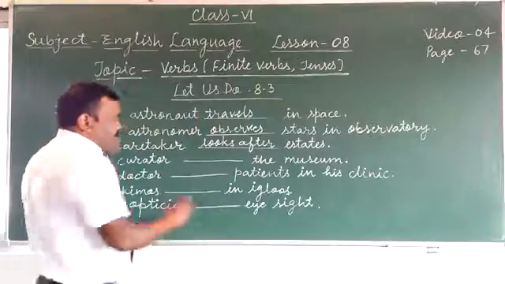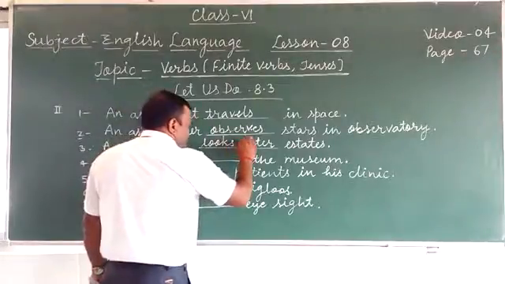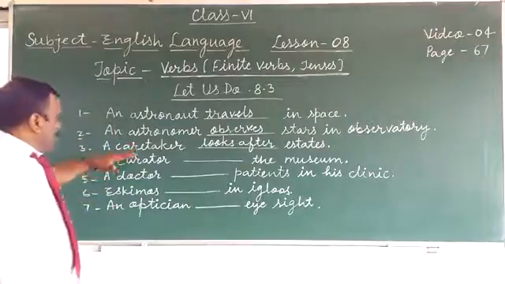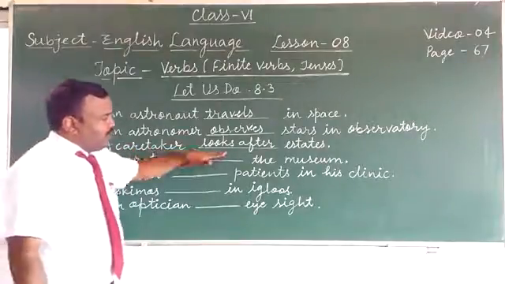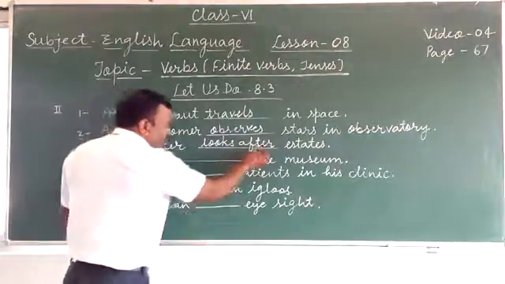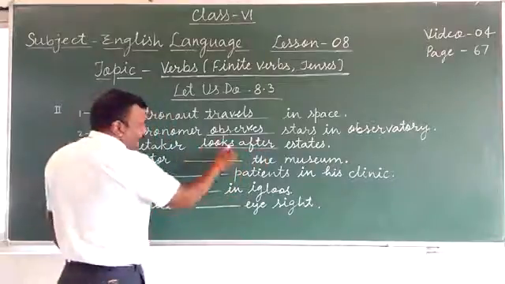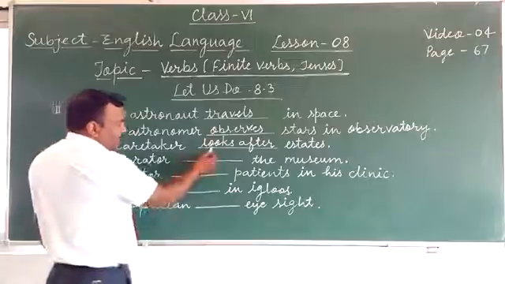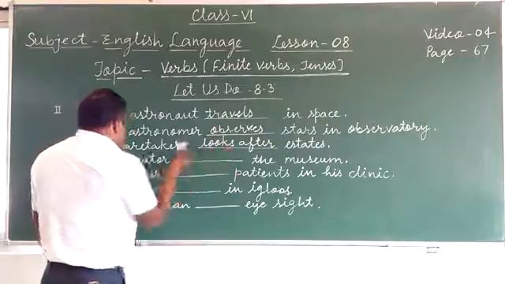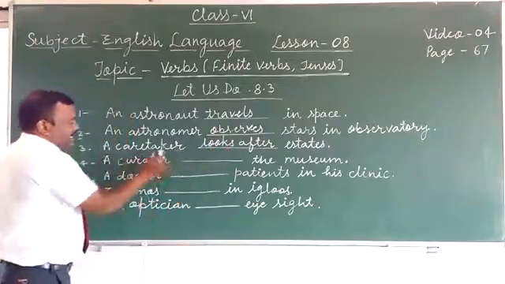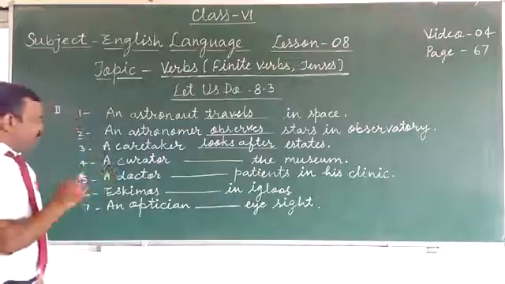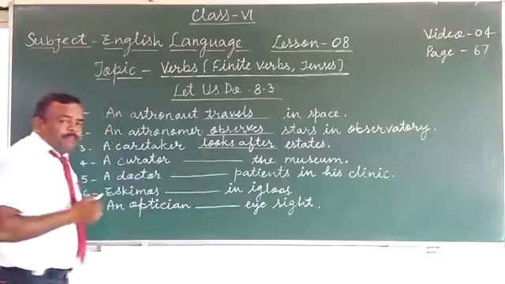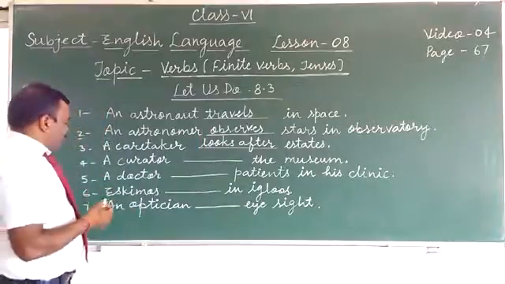So he looks after other properties. Here after is a preposition. We will add s in the main verb. Look is the main verb. So we add s because the caretaker is singular. The subject is singular, so s is added to the first form of the verb.